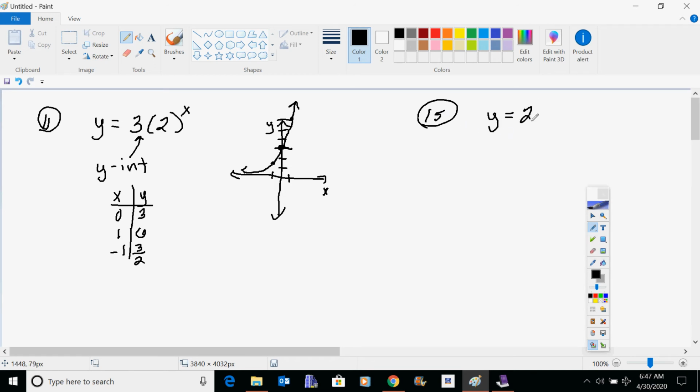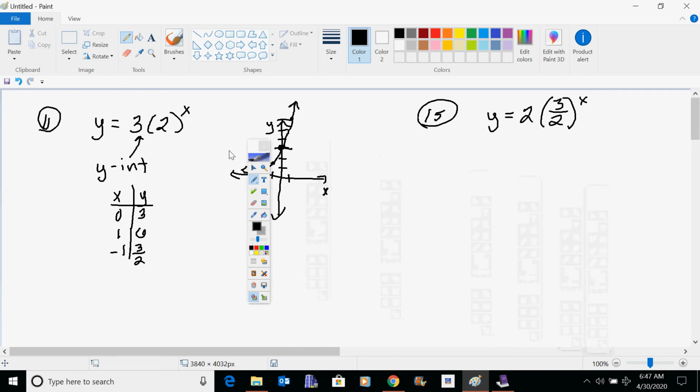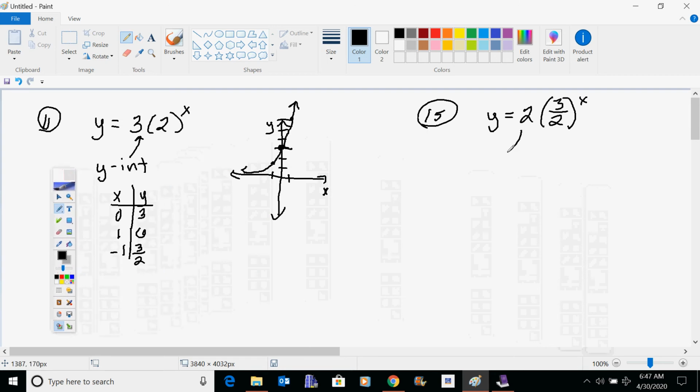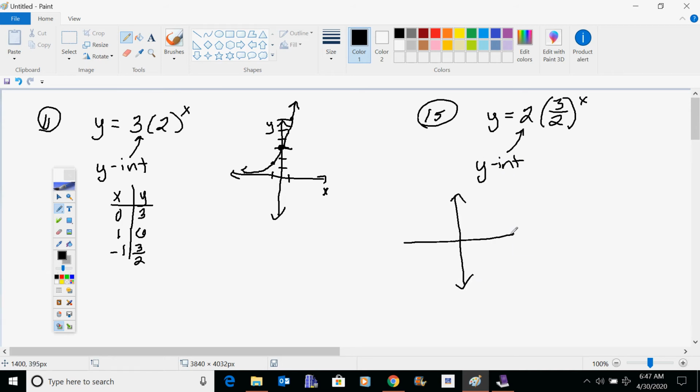Y equals 2 times 3 halves to the x power. Once again, your y-intercept comes from the number that's out in front of the exponential part, so there would be your y-intercept. And you put the graph on like this. So 2 would be one of your main points.